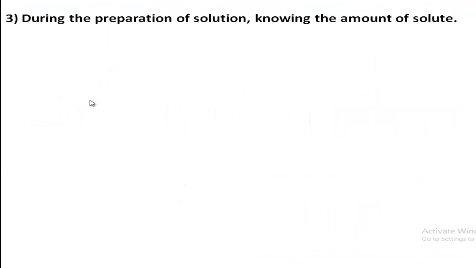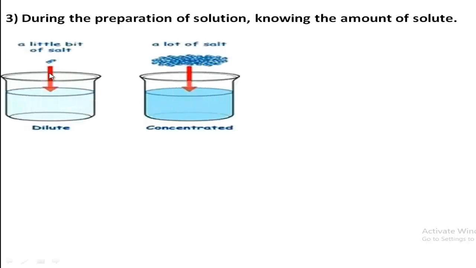Now another way: during the preparation of a solution, knowing the amount of solute. That means there are different solutions which are not colorful and not edible, but when you are preparing a solution of those substances, if you know the amount of solute, then you can easily identify the dilute and concentrated solution. Follow this picture.